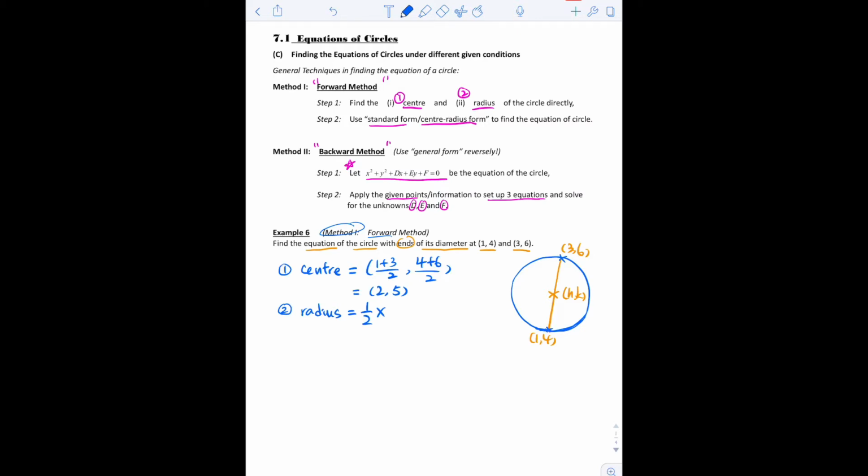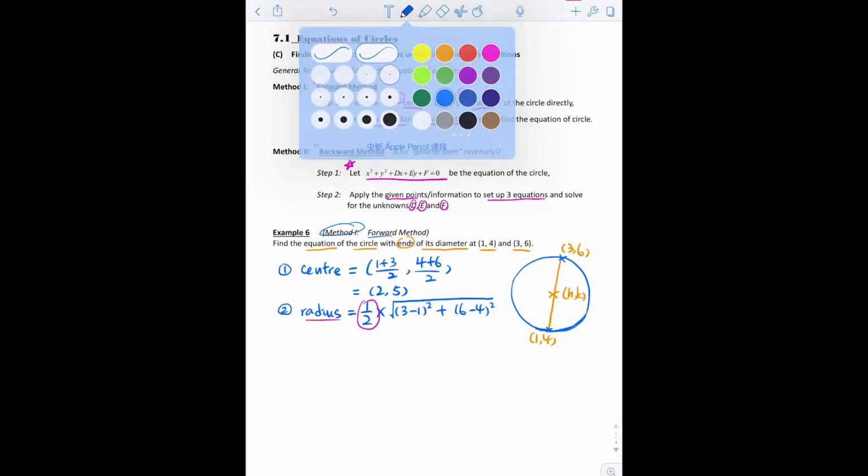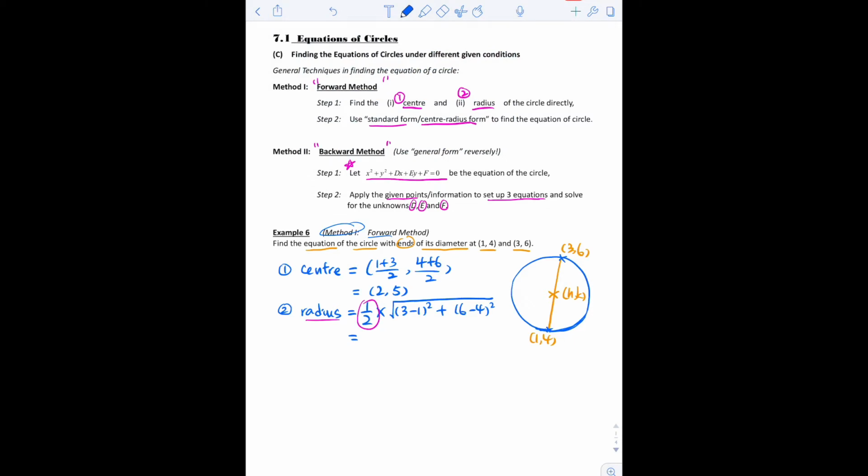So by using the distance formula, you can find the length of the diameter, and half of it will be the radius. After simplifications, you get this is actually root 8 over 2. Simplifying further, you will get the radius is root 2.